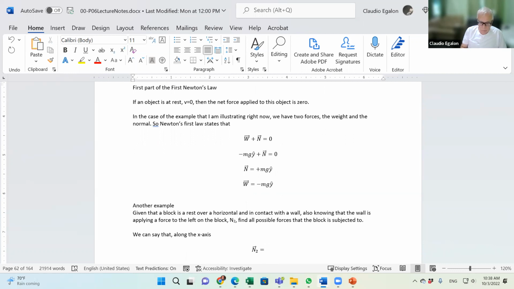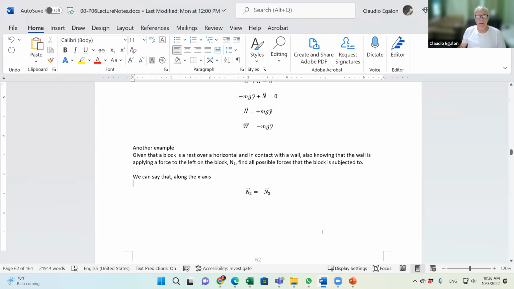By the way, it's not N3, it's minus N3. And just like before, the weight is going to be equal to minus N1.